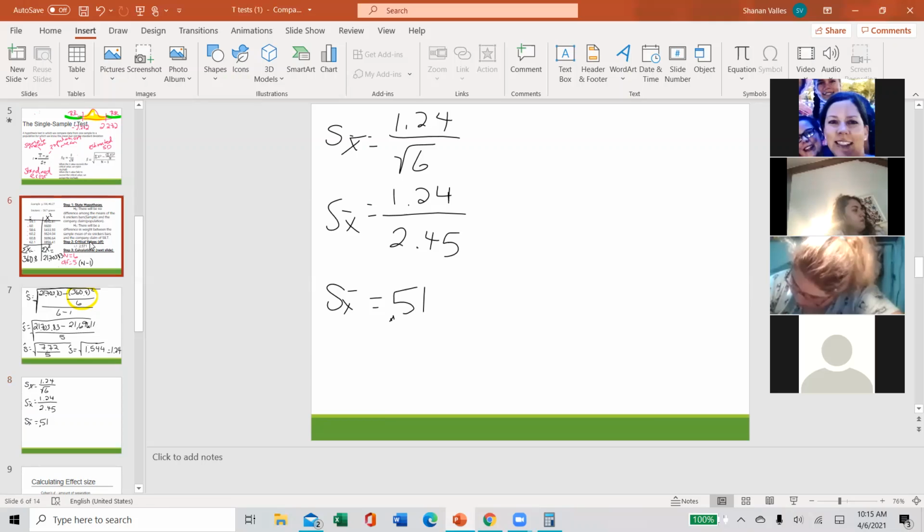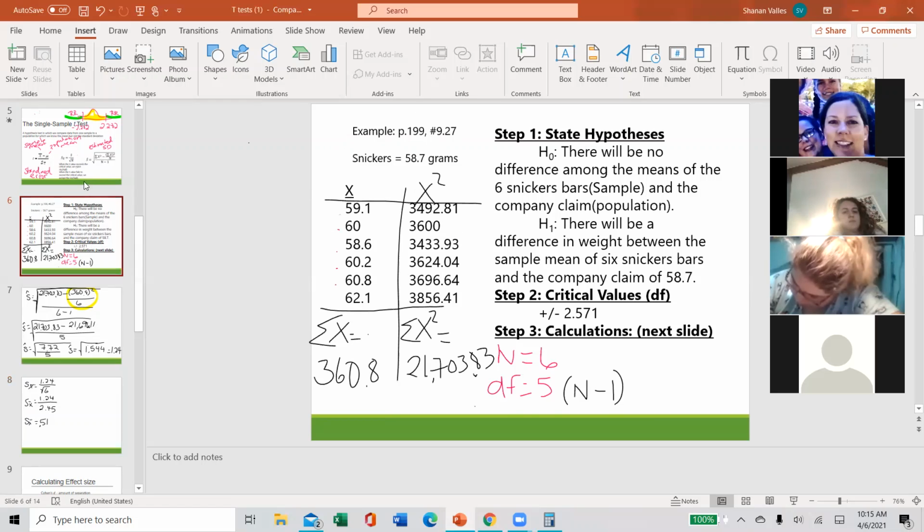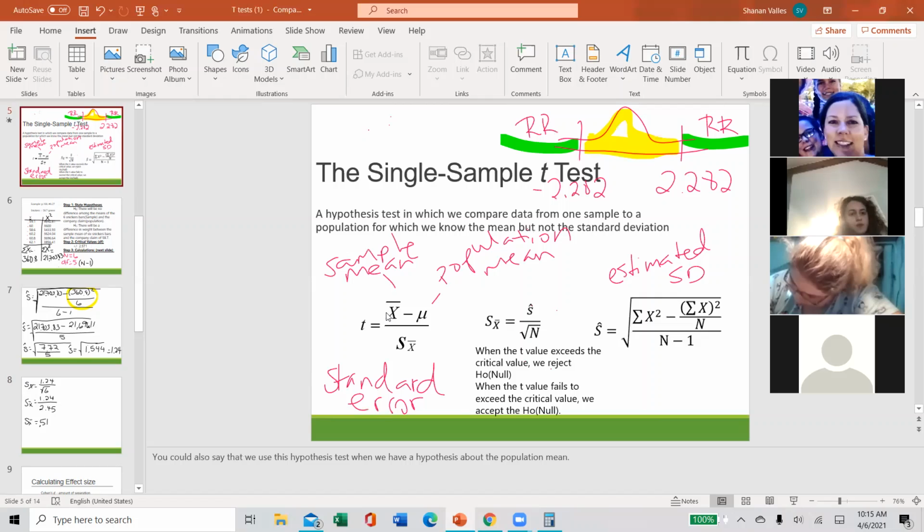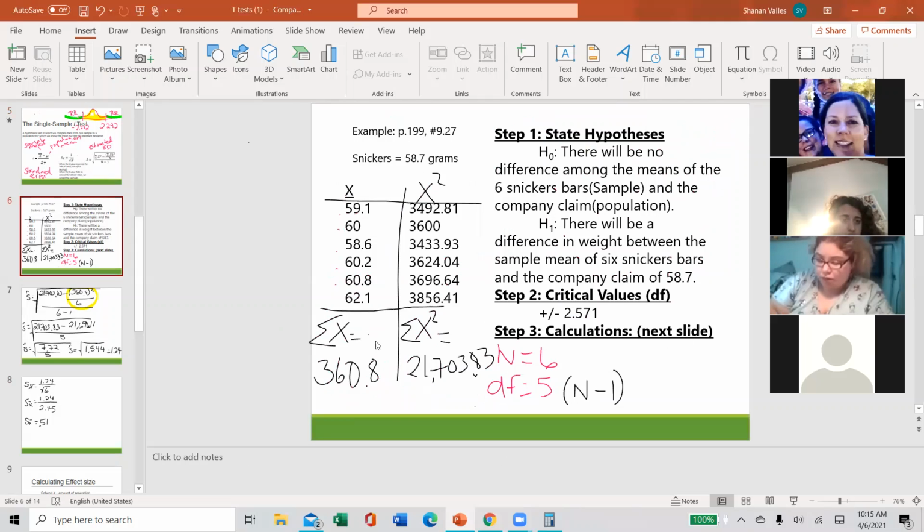And then our T is going to be really easy also. The only thing we haven't done is calculate our sample mean yet. But that's okay. If you remember, how do we calculate our average, or our mean? We take the total and divide by the number, right?